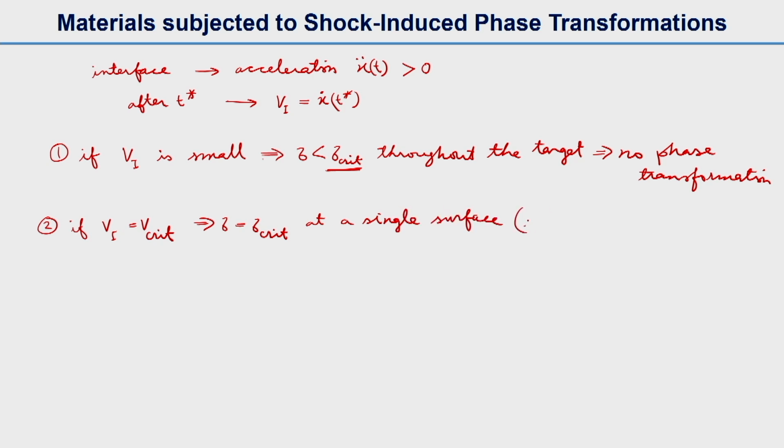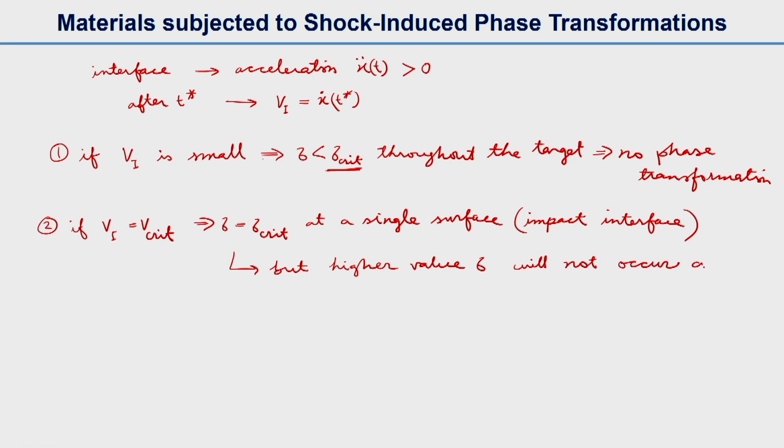So, it is the impact interface, but although this stress sigma has the critical value, a higher value of sigma, that is higher than sigma critical, will not occur at any time within the target.